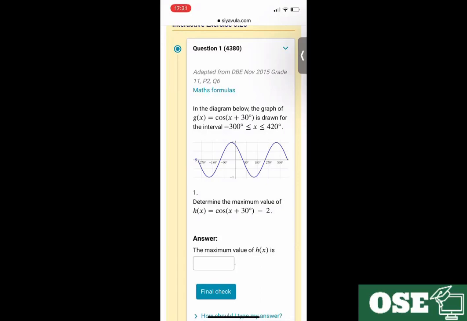Look at the two equations and tell me what's different between the two of them.